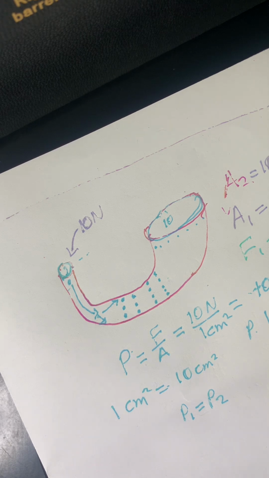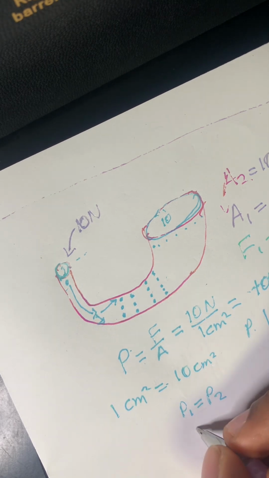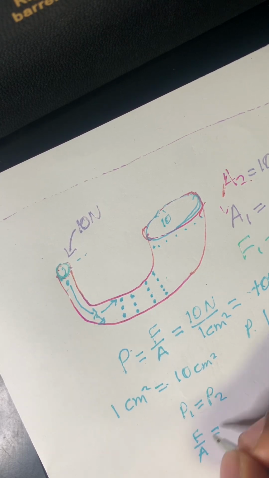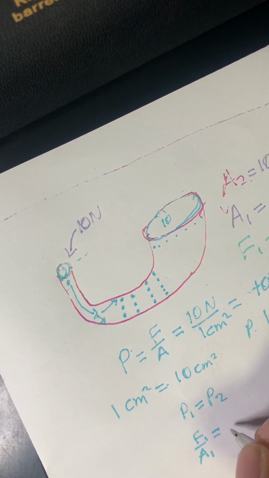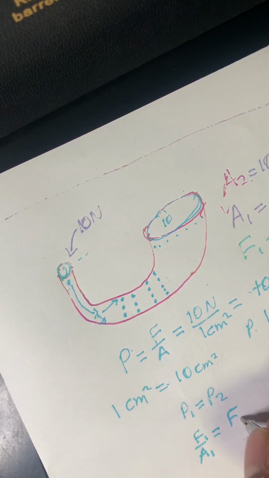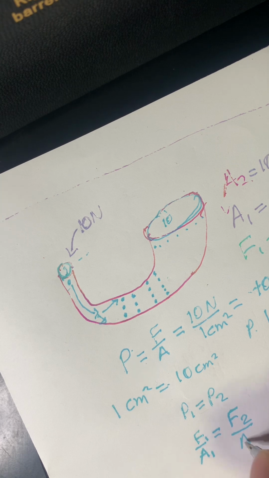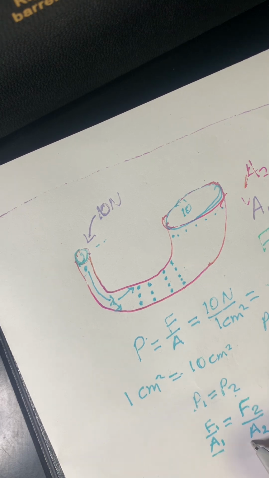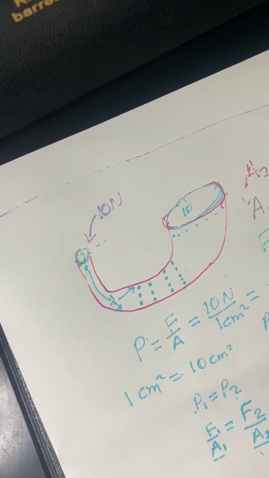Well, then something has to give, right? Because if pressure is equal to force over area, right? And, well, let's call this force 1, A1. And we know pressure 2 is also going to be equal to F2 over A2. And we just said the pressure is going to be the same, although A1 is about 10 times smaller than A2.